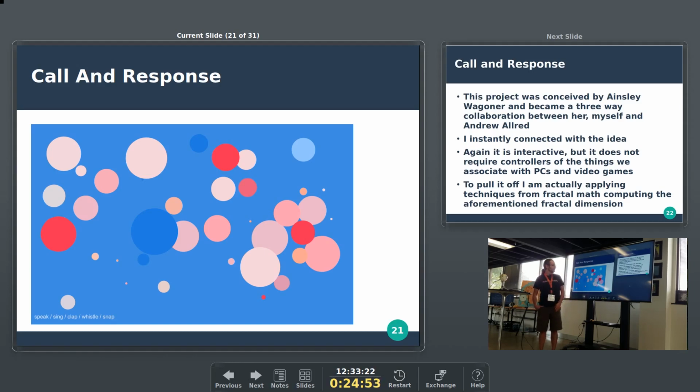So again, it's something that you can come up to. There's no controls, but you're obviously interacting with what's on the screen, and the viewer is part of it. And another fun thing about this one was, to pull it off, I actually got to use some of those techniques from the fractal math.